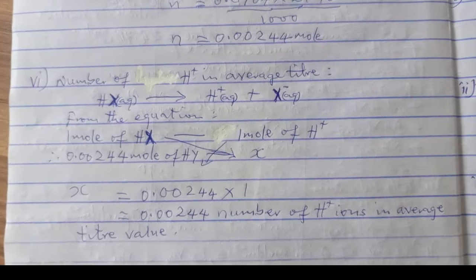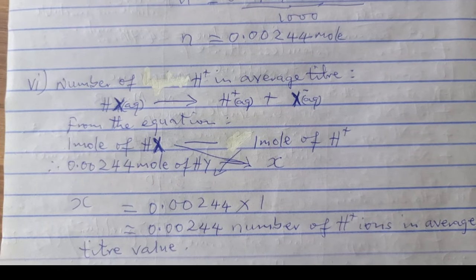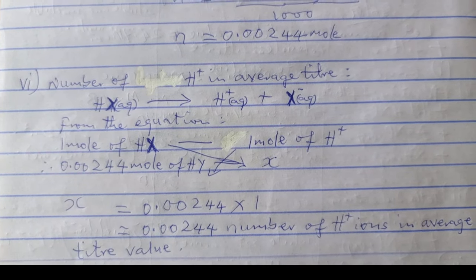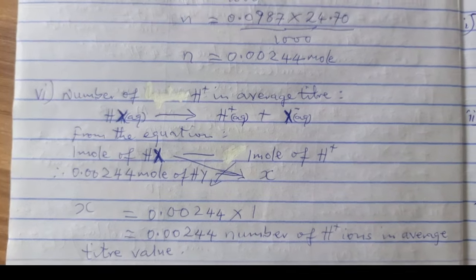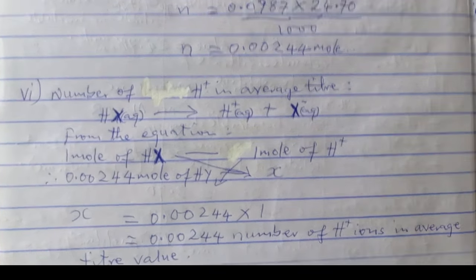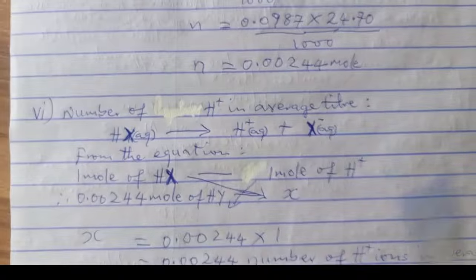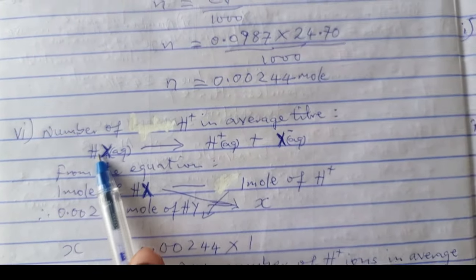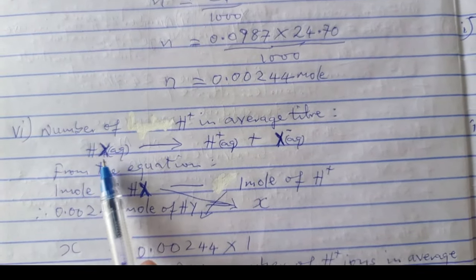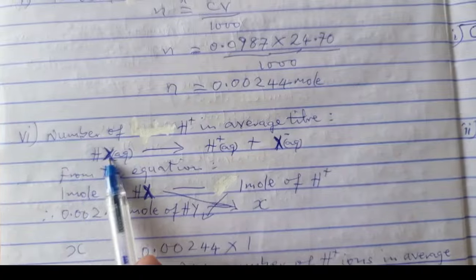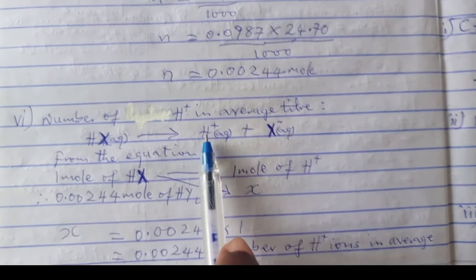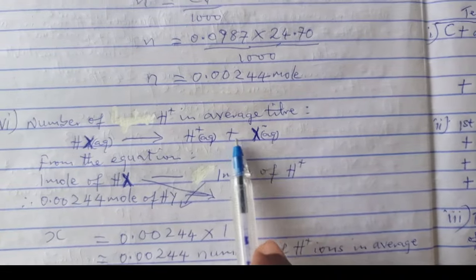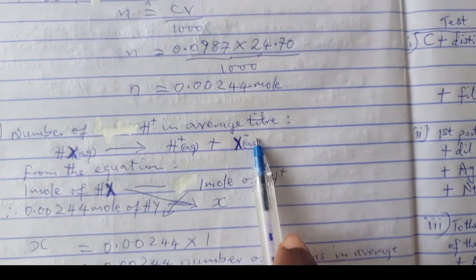Moving forward to the next question, they said number of hydrogen ions in average titer. You can see that I brought the acid HX and ionized it, and I have H plus and X minus.